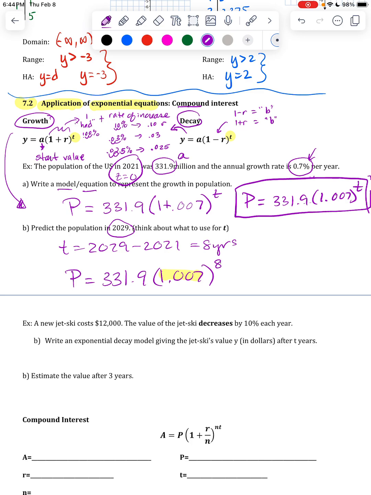And now this is going to be an 8. And I am putting that directly into my calculator: 331.9, parentheses 1.007, parentheses raised to the 8. And I am getting 350.95. And keep in mind that that is million. So that is going to be my answer.